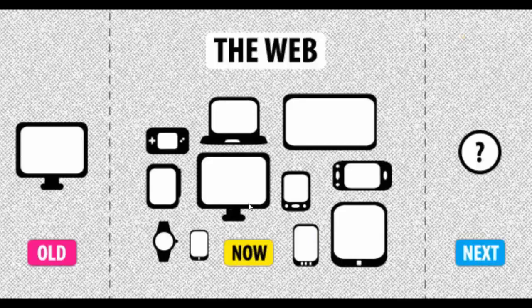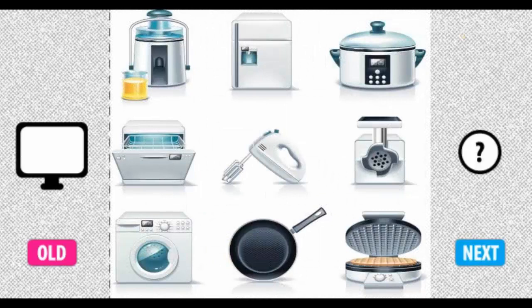But this is not the current web. The current web is this. Internet of Things is what? You will find internet in all these things. Are you getting my point? All these devices will have internet.